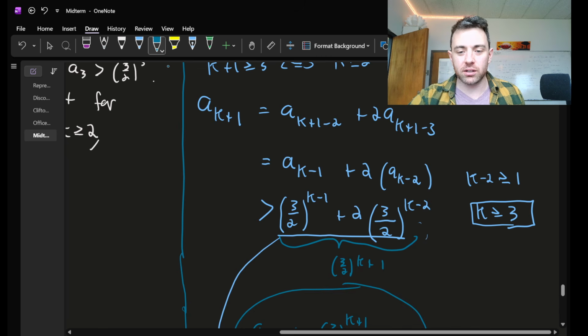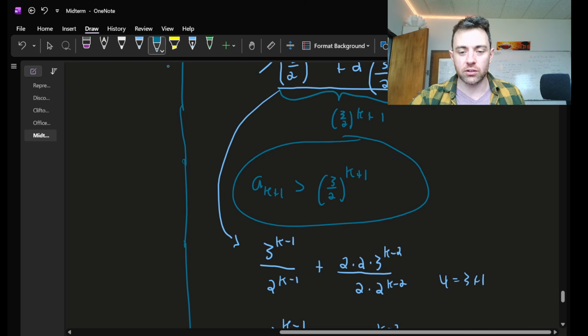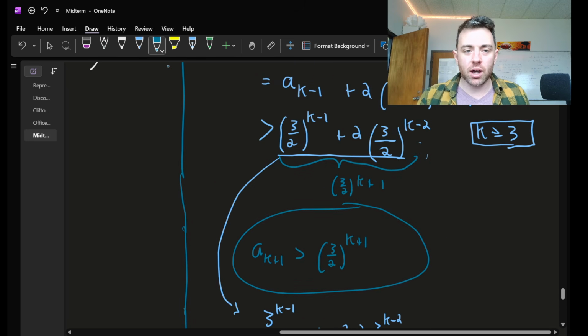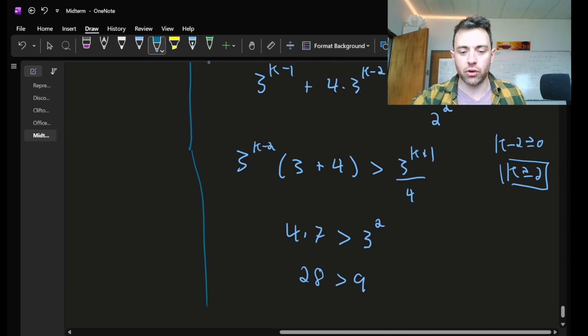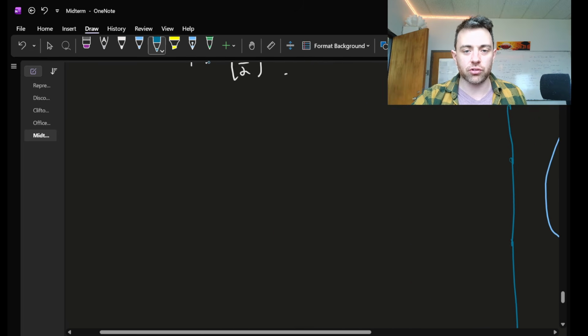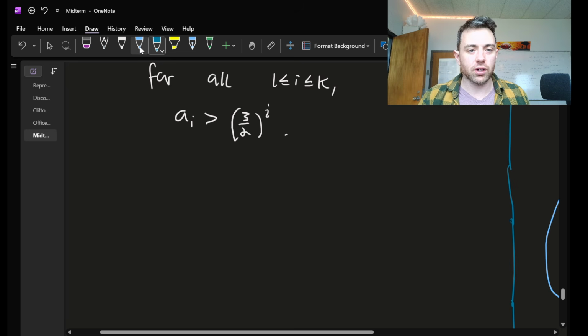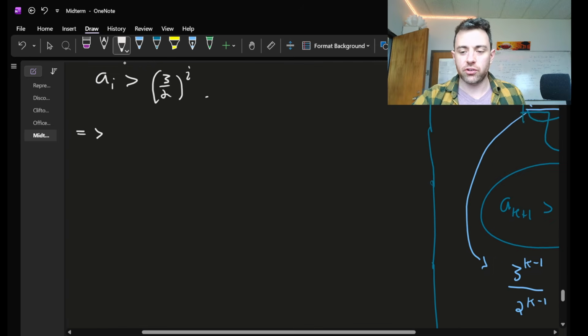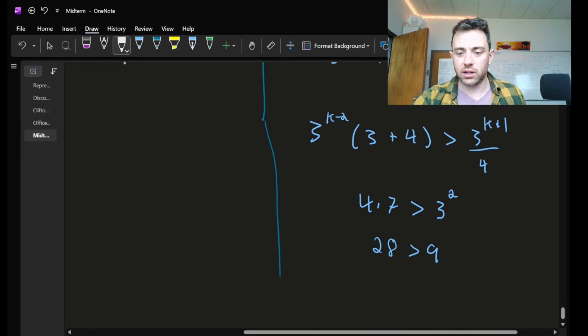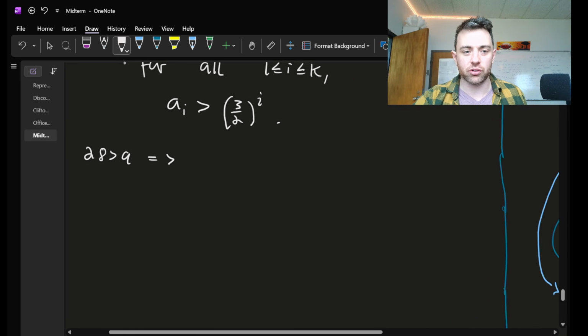Well, there's a few different ways we could do this. So I ultimately want to prove that this term, this is the thing that I ultimately want to prove. So let's show this first, right? Let's work backwards through these steps. So we have 28 is bigger than 9, implies 4 times 7 is bigger than 3 squared.